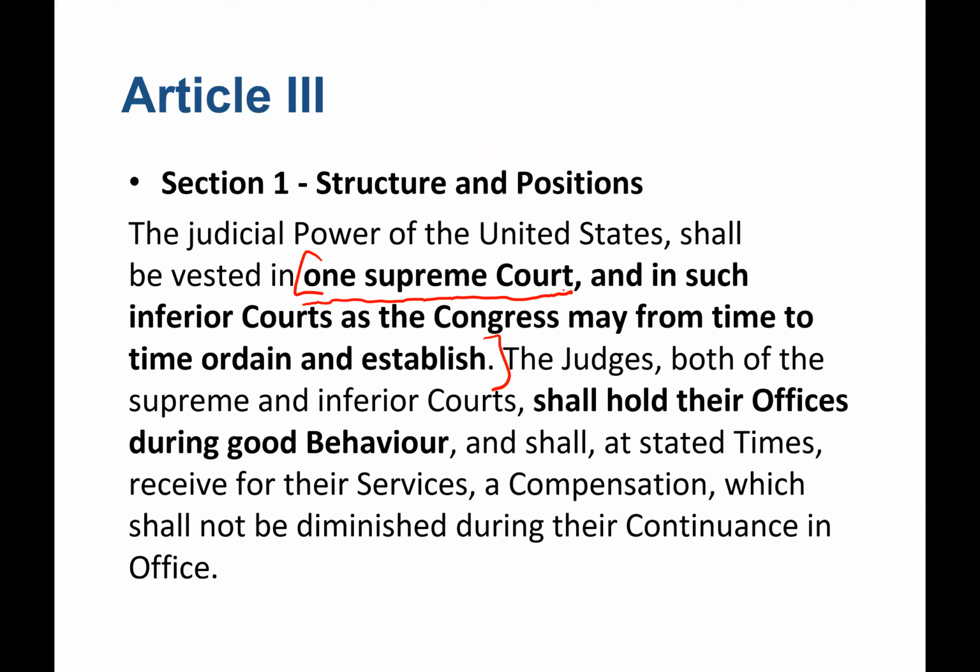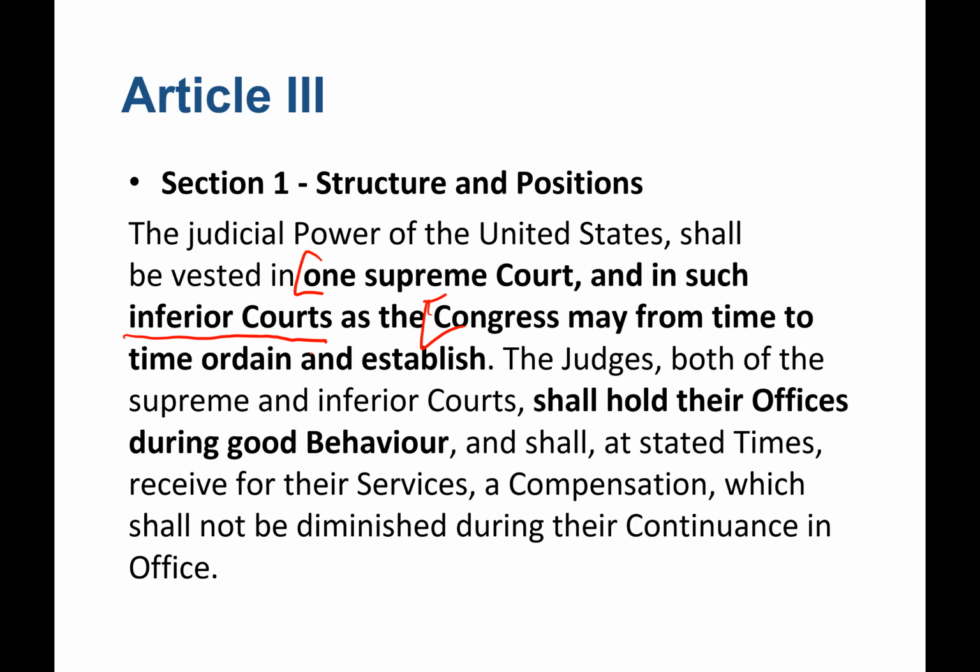When I talk about the appellate courts, the district courts, what we would refer to as the lower level courts, the Constitution doesn't say anything about those other than Congress, getting to another part of this bolded section, may from time to time ordain and establish them. So here it's talking about these inferior courts, which the framers foresee a need of. They don't spell out exactly what they're going to look like in the Constitution.